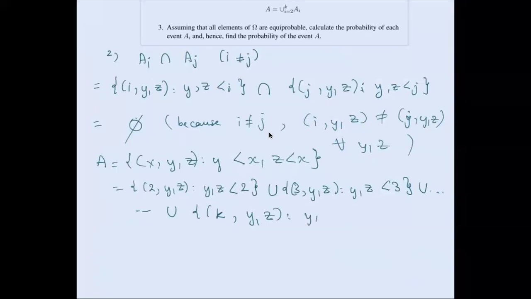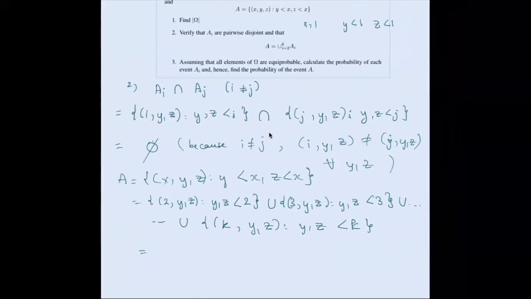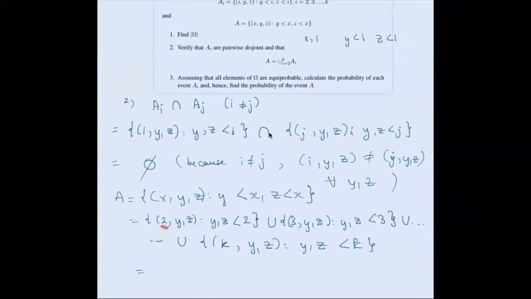You also have y and z less than k. If we look at each set here, what does it represent? You have a tuple of y and z, such that y and z are less than 2. So what is this set?